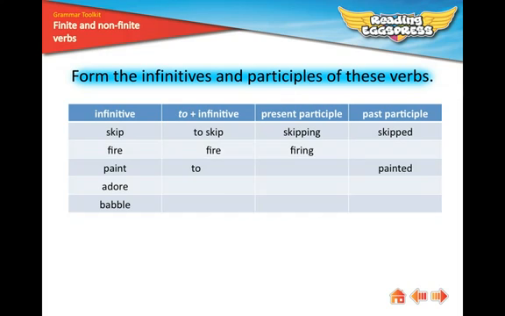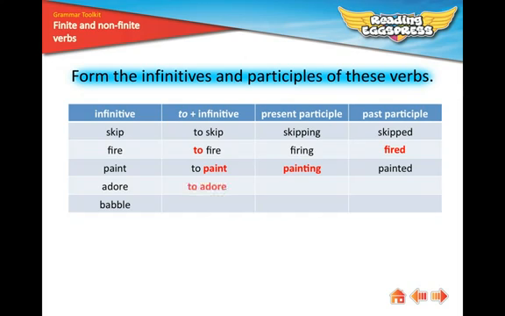So it would be to fire, to plus infinitive, present participle, firing, past participle would be fired with the ed. Infinitive paint, of course it would be to paint, present participle, add ing, painting, and past participle is already there. It's got the ed, painted.